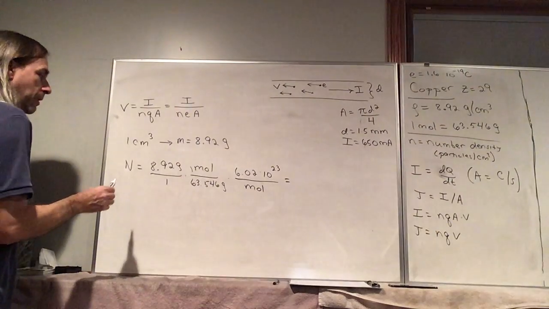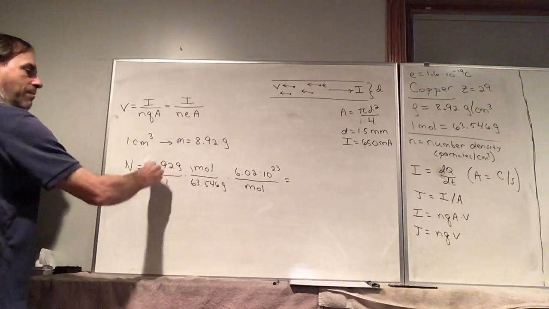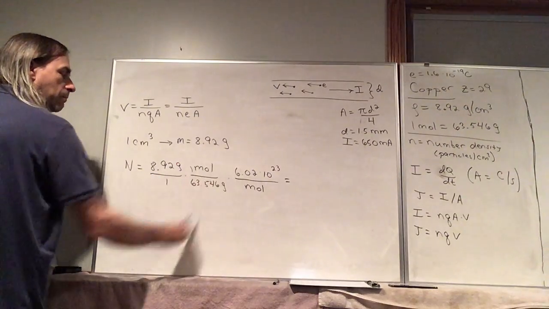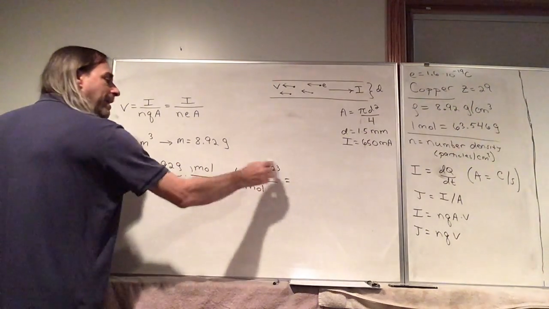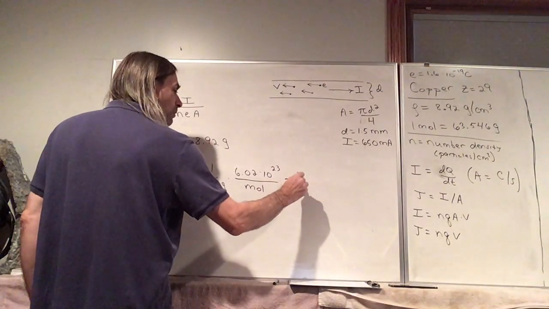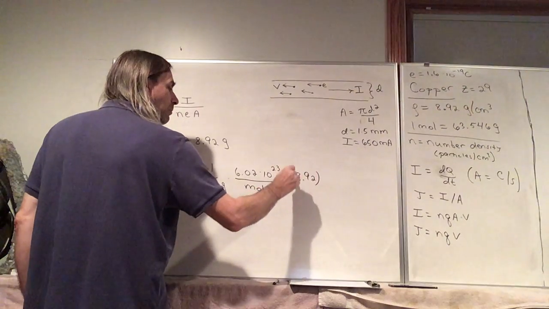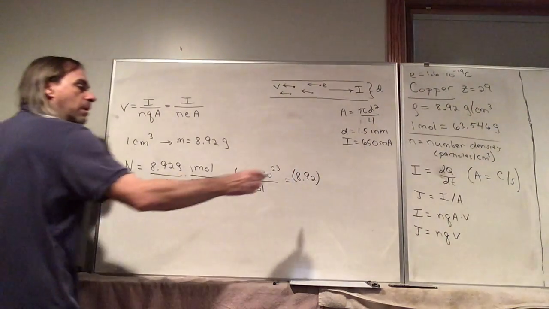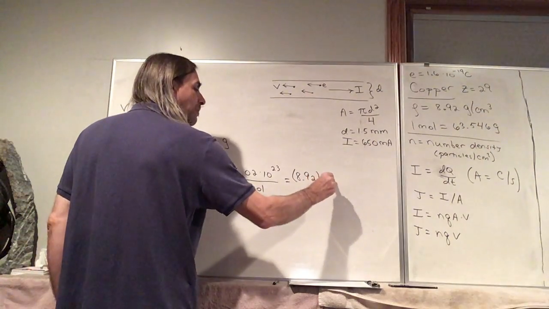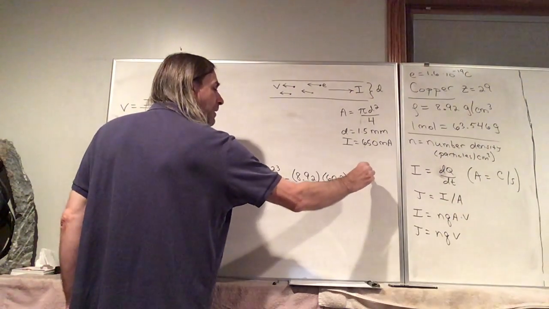So, let's see, this is roughly 9. We're going to get a number less than 1 here. So let's take 10 out of this. We have 8.92. Now let's take 10 out of here and multiply by 60.2 times 10 to the 22nd power.